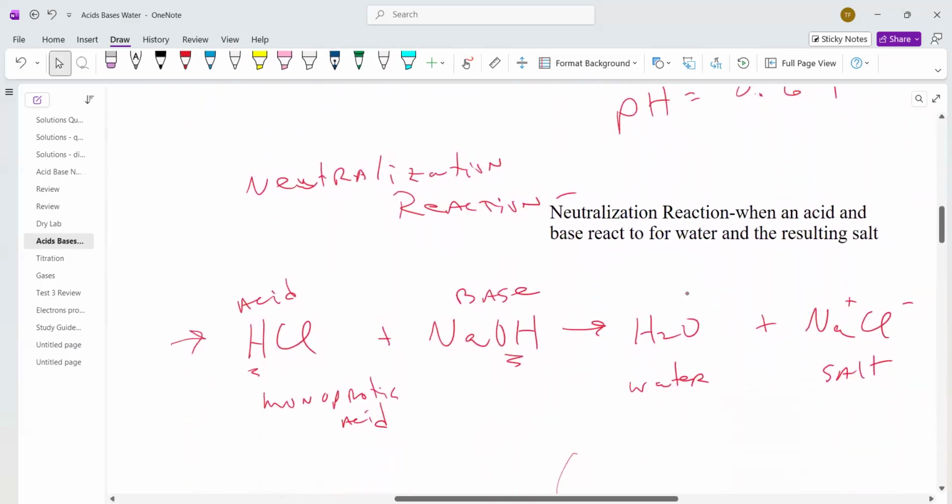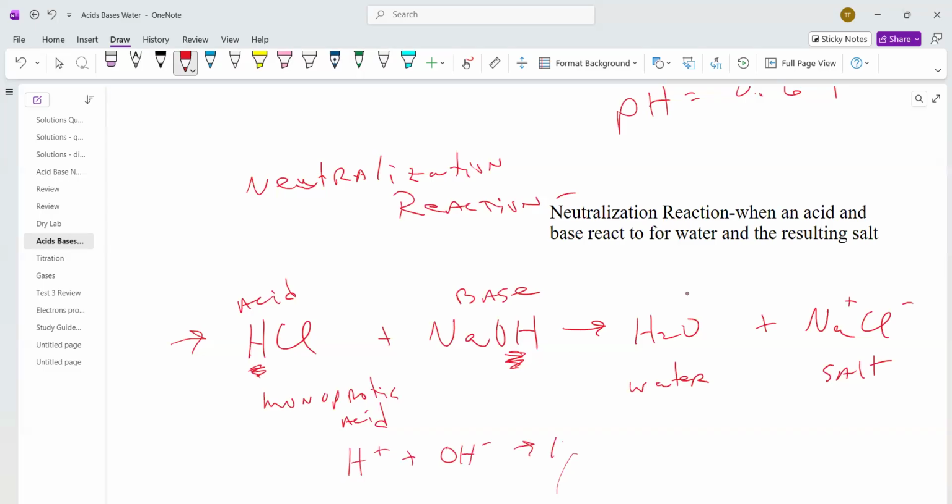Now, with acids and bases, there's something called a neutralization reaction. For those of you who have lab today, some of the double replacement reactions are acids and bases. So when you mix an acid and a base together, the H+ and the OH- form water.